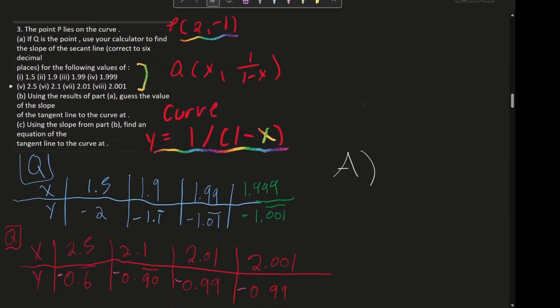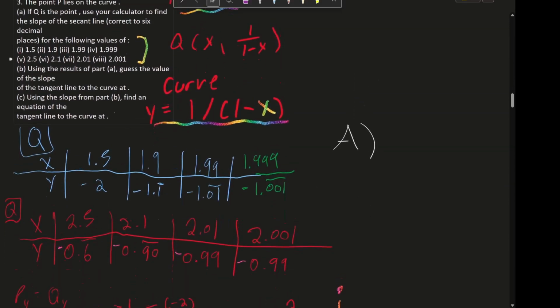So you're given these values for parts 1 through 8, which are x values, which you can set up in a table here, parts 1 through 4 given in blue here, and parts 5 through 8 given in red down here.